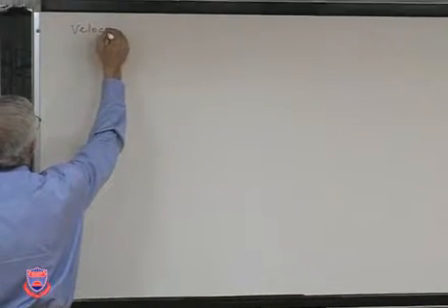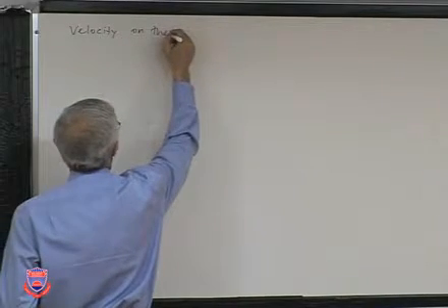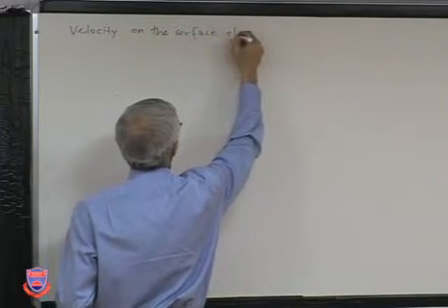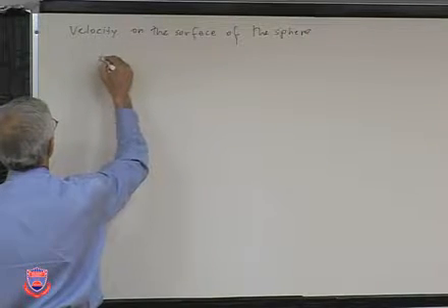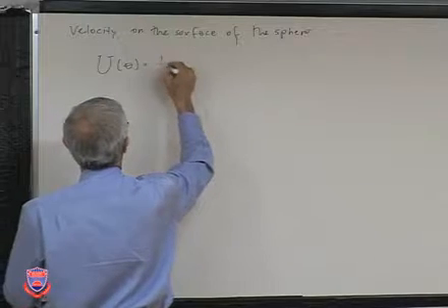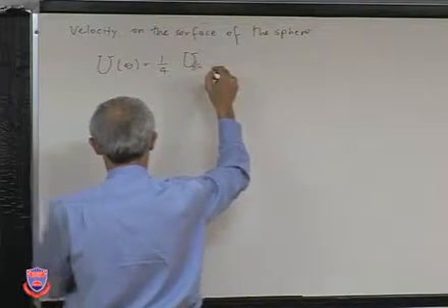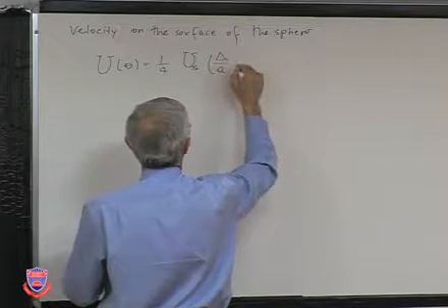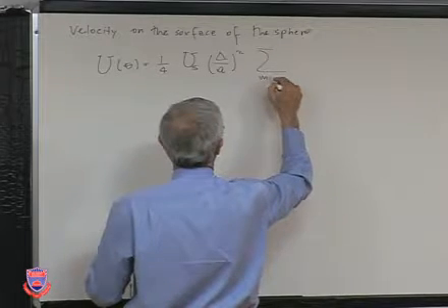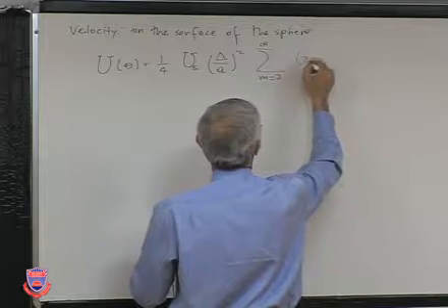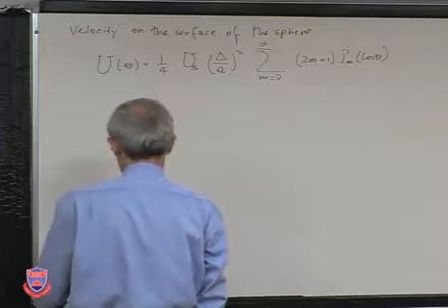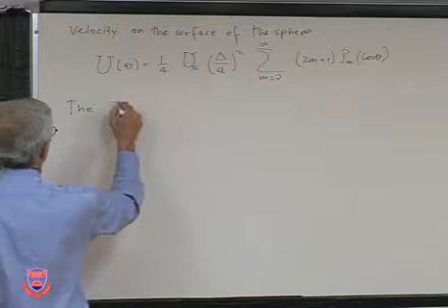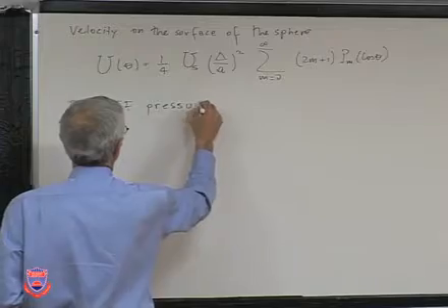So the velocity on the surface, far field expression, the far field pressure.